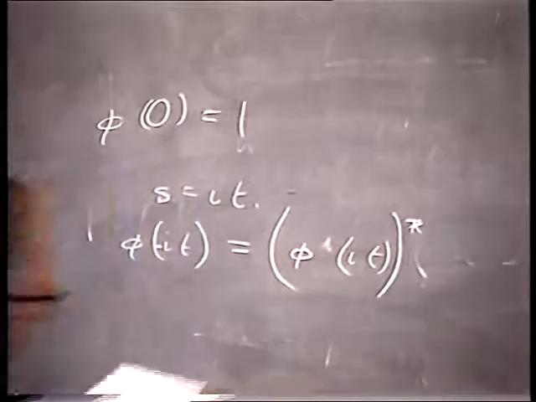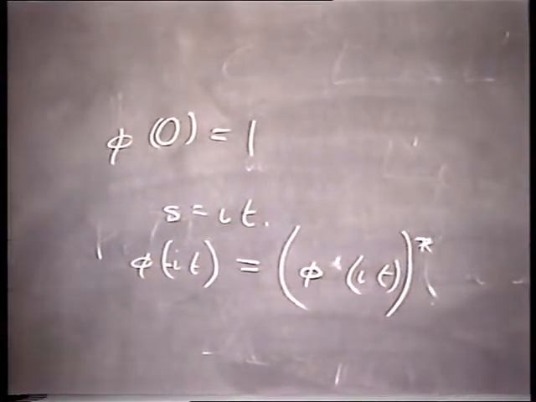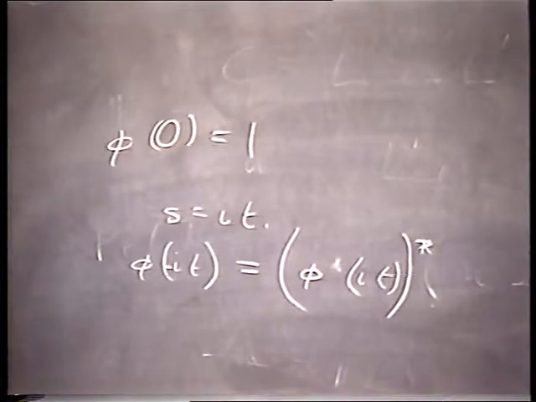Star simply means complex conjugate. That's easy to see when you simply substitute in there. Notice that changing the sign is simply going to change the sign of the imaginary part of the integral.